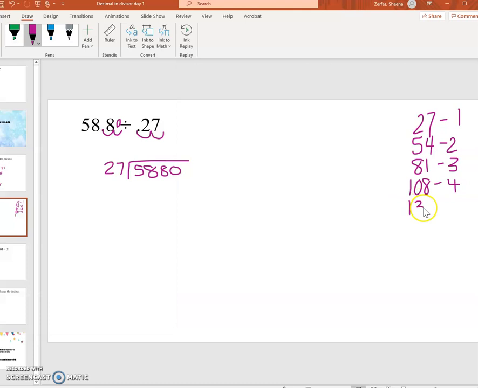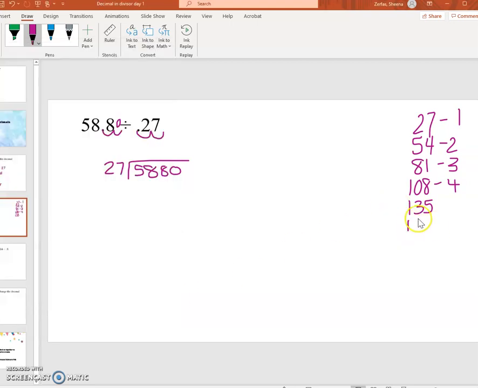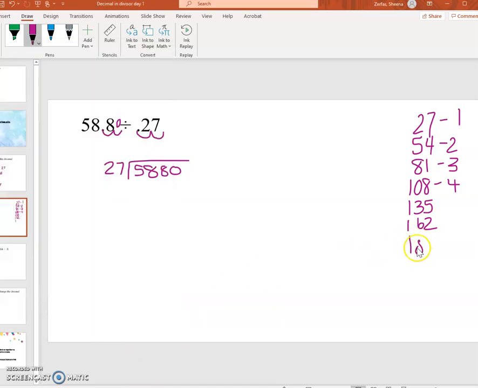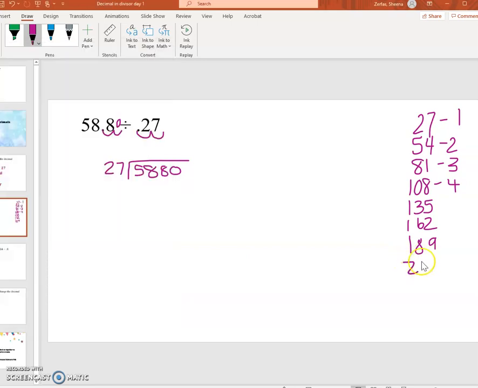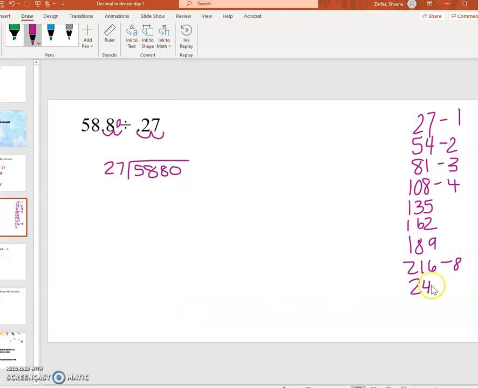I know this might seem a little time consuming, but again, it will be beneficial as you are working through your dividing steps. And once I get to 9, I can stop my list there.